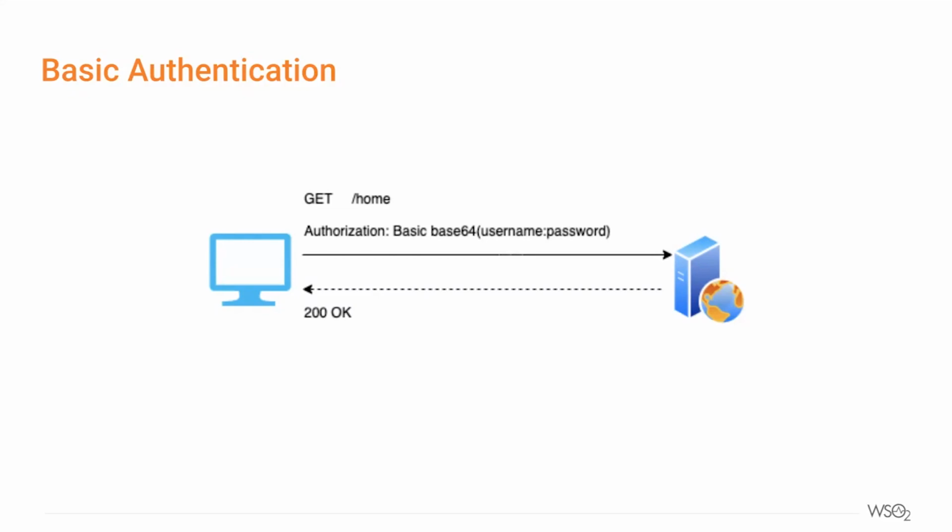So there is no need to do handshakes or any other complex response systems. I will discuss the OAuth2 scenario as well. Basic authentication is recommended for securing APIs where you have system-to-system communication that happens in an internal network. It can also be used for IoT, Internet of Things, use cases.